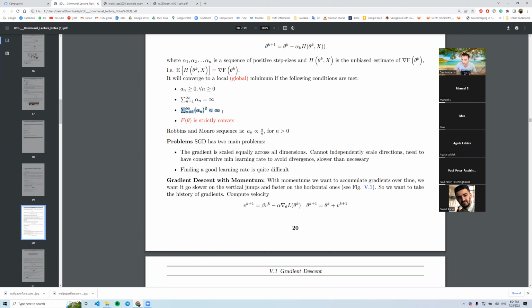Which mechanism that we saw in the lecture allows us to actually answer that?